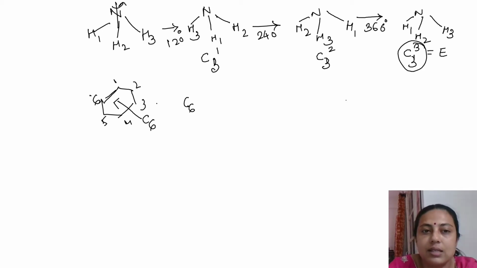Other than the C6 axis, if you rotate the molecule 180 degrees along this one, 2 will go to 6, 6 will go to 2, 3 will go to 5, 5 will go to 3, and 1 and 4 will remain constant. So it possesses a C2 axis as well.